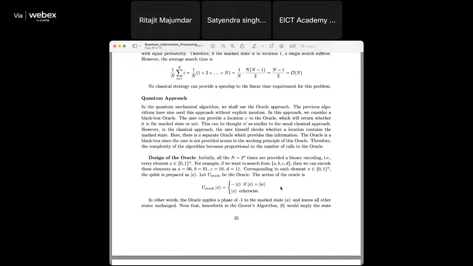So we define an oracle like this. Let us suppose that I have 2 to the power n possible solutions, and x is my solution. So it's n-bit strings from 0 to 1, and we prepare our input. This is the input we will give to the oracle, and the oracle will give me some output.